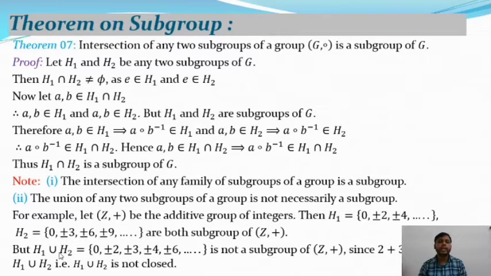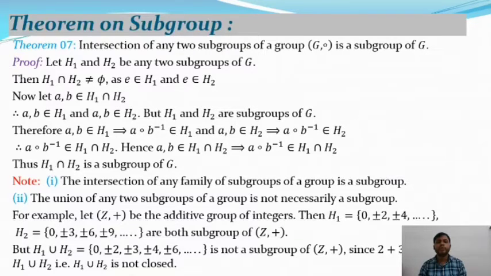But H1 union H2 is equal to 0, plus or minus 2, plus or minus 3, plus or minus 4, plus or minus 6, and so on up to infinity. The union means the elements lie in H1 or H2. So it is not a subgroup of Z, because 2 is an element in H1 as well as 3 is an element in H2, but 2 plus 3 is equal to 5, which does not belong to the set H1 union H2.